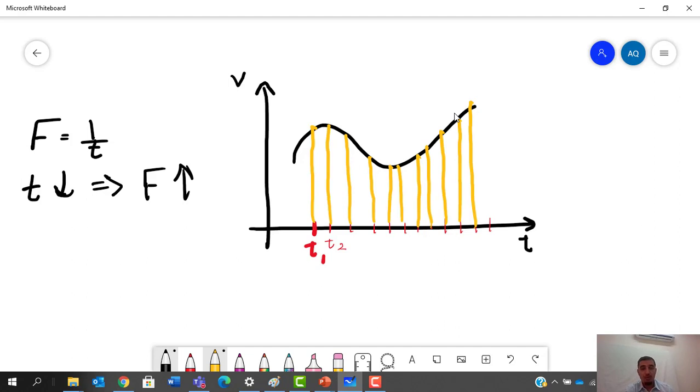Now, when it comes to the y-axis, it depends how many bits we are using. What is the size of the analog to digital converter?